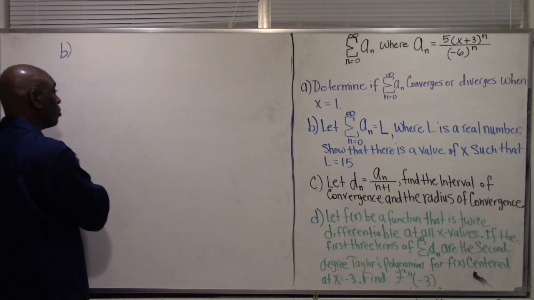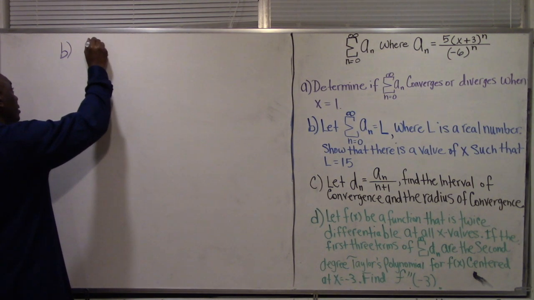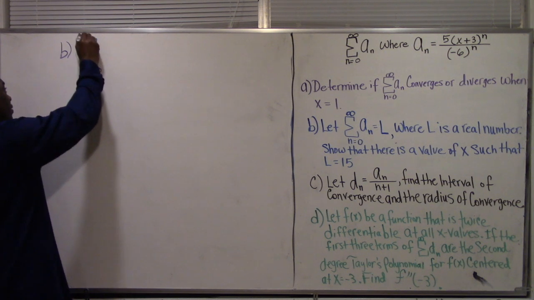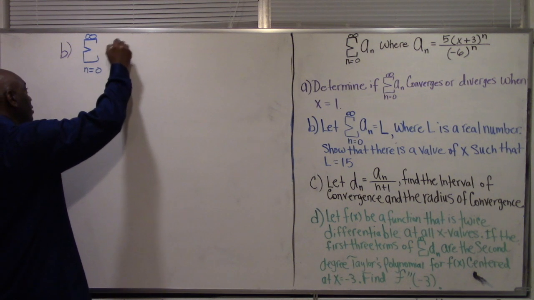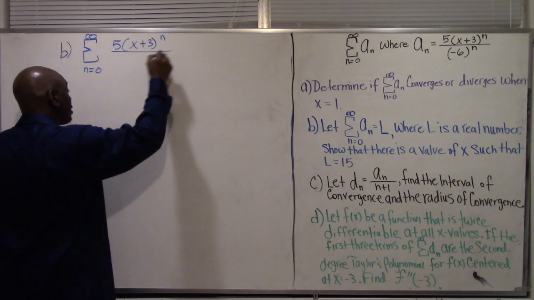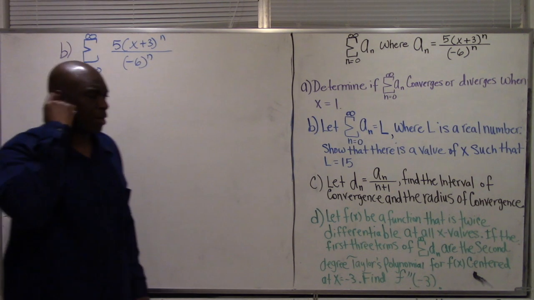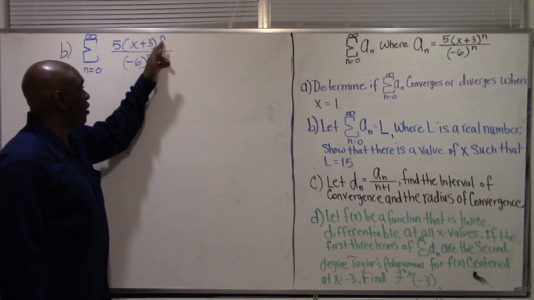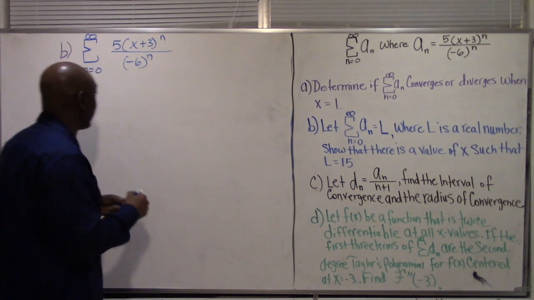Here we go. We have our series n equals 0 to infinity, and our series is 5 times the quantity (x+3) to the power of n divided by (-6)^n. I have a power n in the numerator and power n in the denominator, so let's just write it as one term to the power of n.